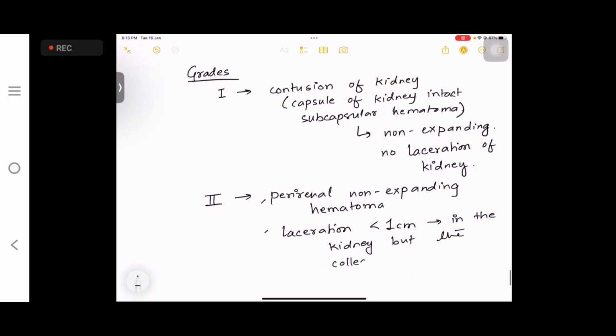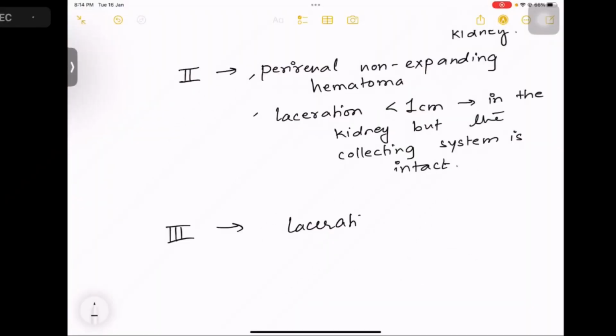So, let's move to level 3 renal trauma, in which lacerations more than 1 centimeter is involved. This is also non-expanding.